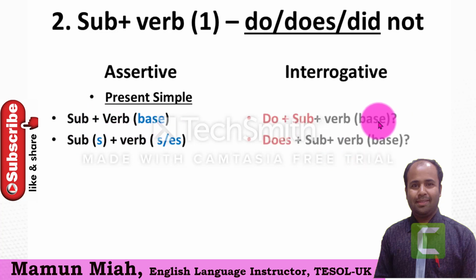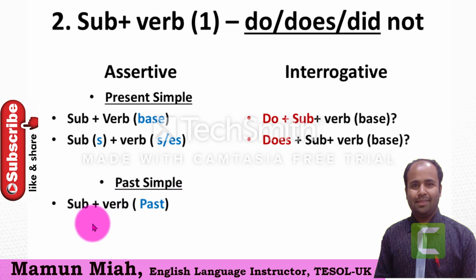The interrogative form will be do, then subject, then verb, because this is base form. But for the next one, subject singular and verb connected with s or es, then of course you have to put does at the first. And the verb will be base form, that is, no connection with s or es.